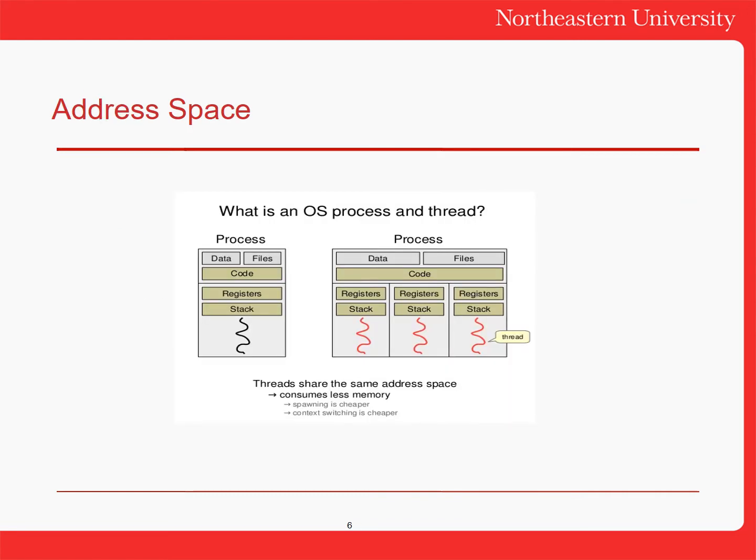Just make sure everyone's clear on the difference between a process and a thread. A process has its own address space, its own resources in terms of data and files, file handles, its own stack space, register copies, and code space. And it has a single thread of execution by default.